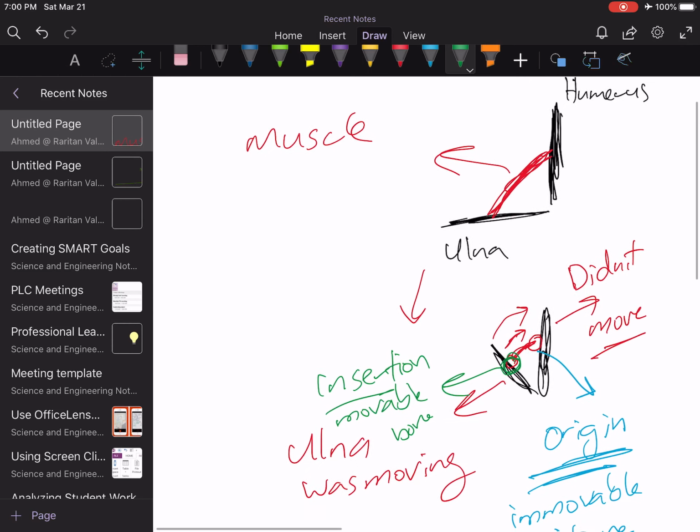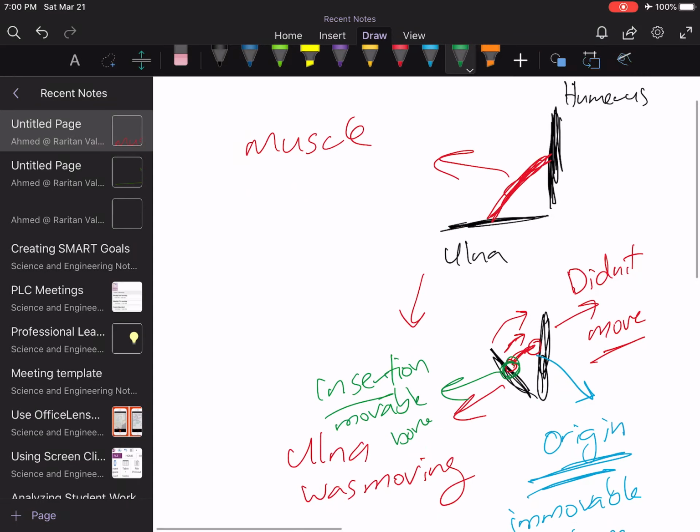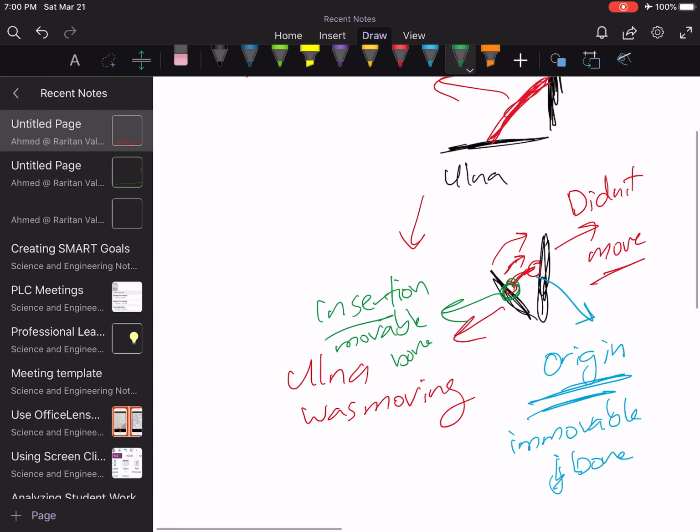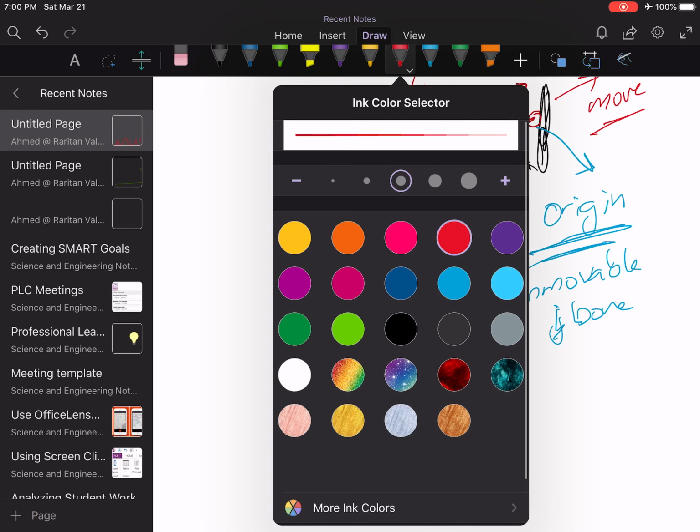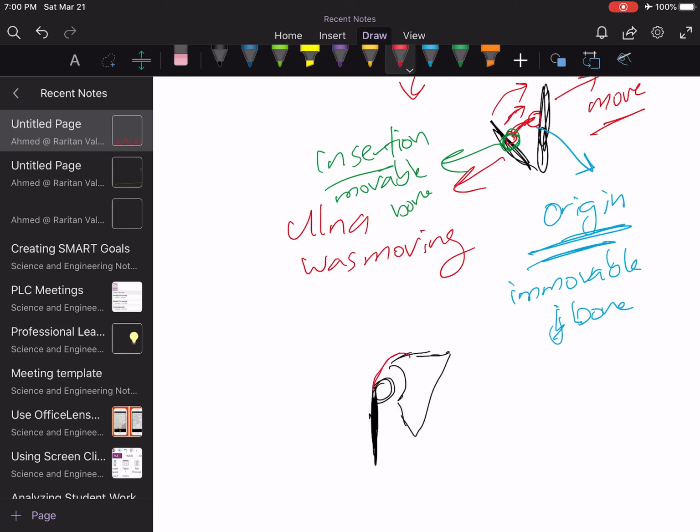And of course, these are flexible terms. For example, for the humerus, there is the shoulder joint, and the shoulder joint is between the humerus and the scapula, okay? And of course, there are some tendons attached from the muscles to these two bones.